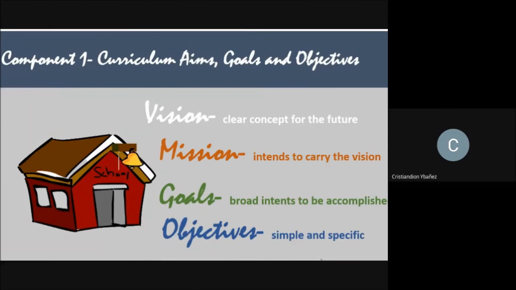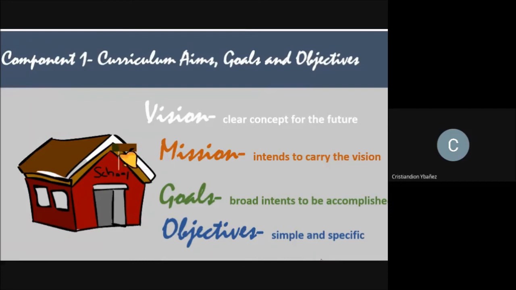Data sources of school goals may include the learners, the society or the stakeholders, and the fund of knowledge, which is the subject matter. So in the curriculum, these goals are made simple and specific for the attainment of every learner. That is what we call educational objectives.